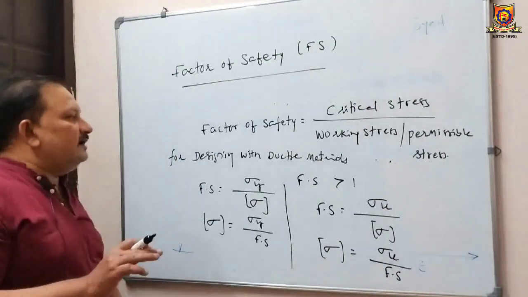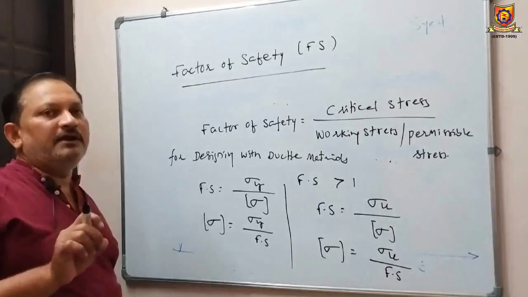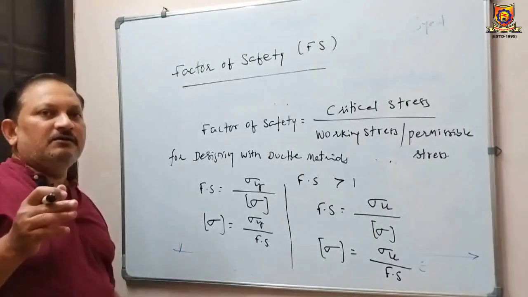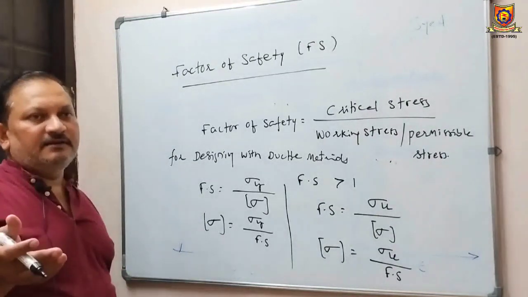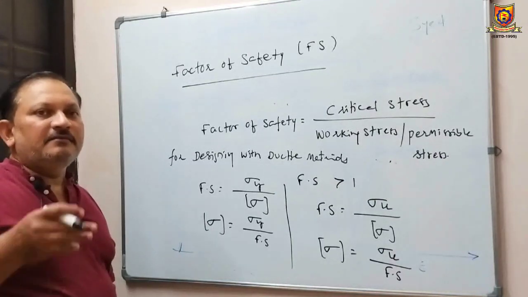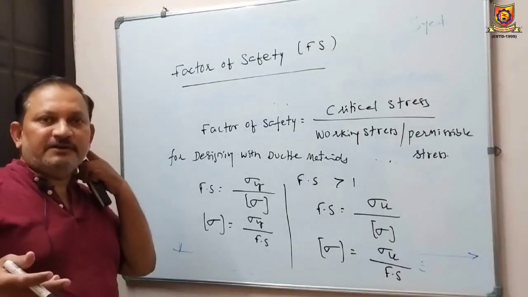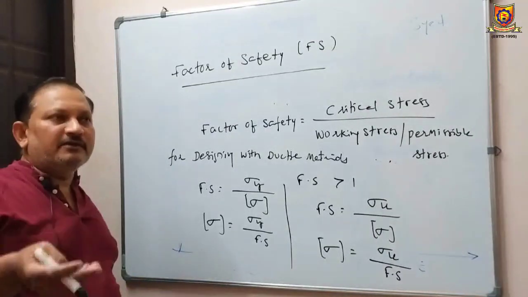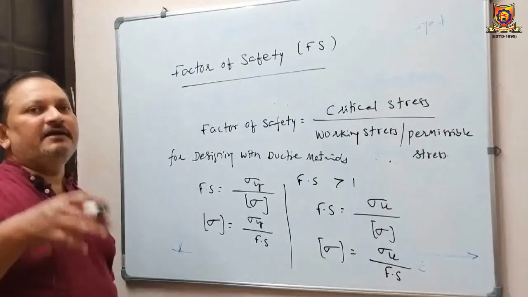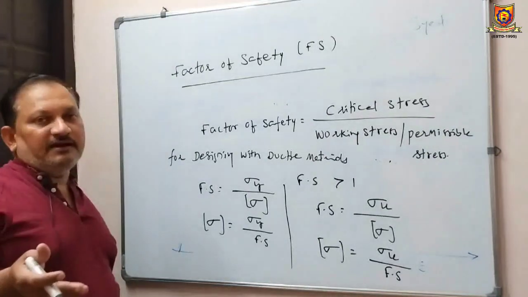So the appropriate selection of factor of safety value purely depends upon experience. The person who has vast experience in design engineering may select an appropriate factor of safety on his experience basis. The fellow who is newly employed in this design area may consider a higher factor of safety.